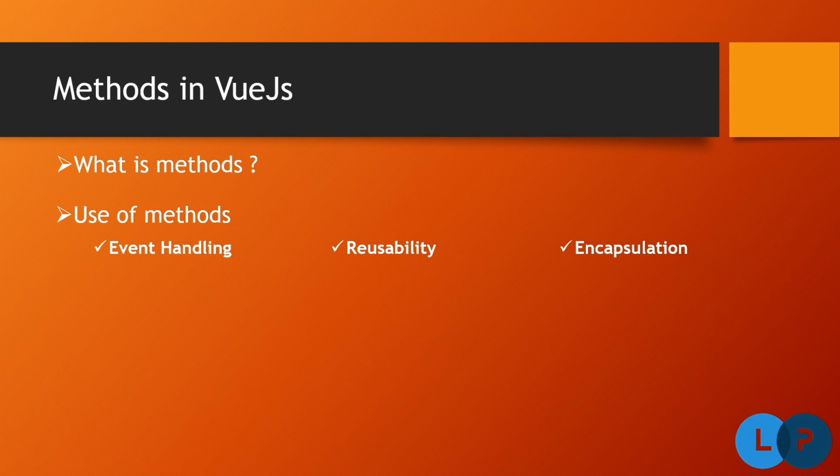Okay, then parameter passing. We can make our methods dynamic using simple parameter passing, just like a normal function. Since it's JavaScript, we can pass parameters to Vue methods also, right? And then we can use methods for DOM manipulation, like directly manipulating the DOM, although it's generally recommended to use data binding and directives for most DOM updates, right?